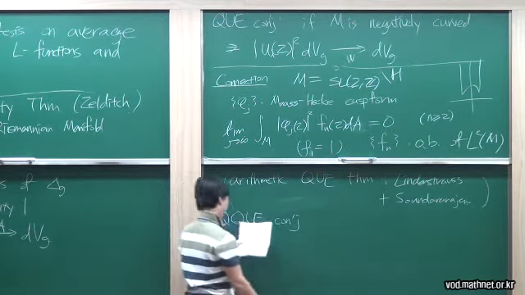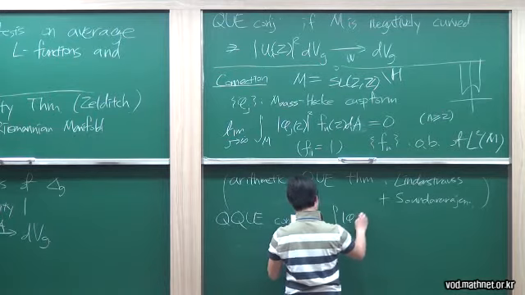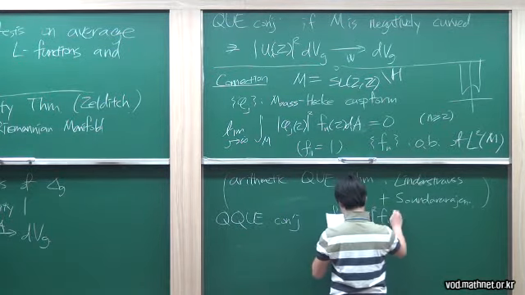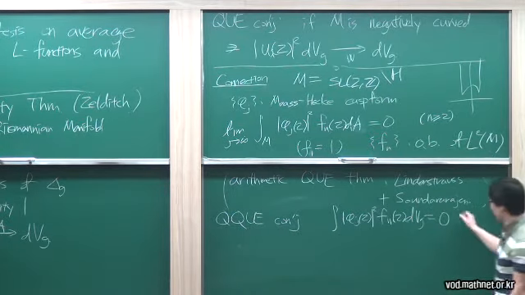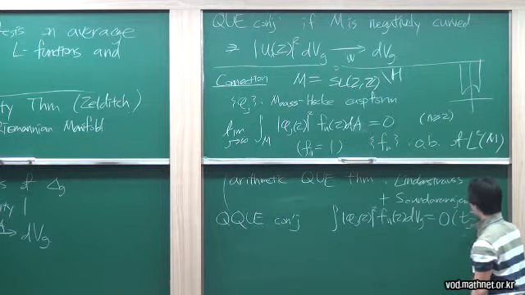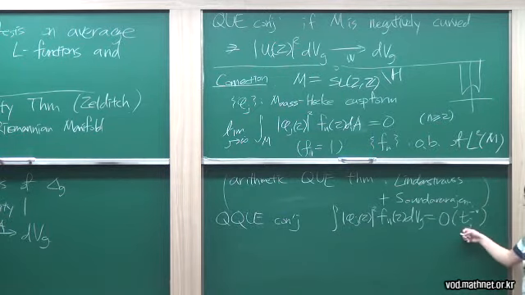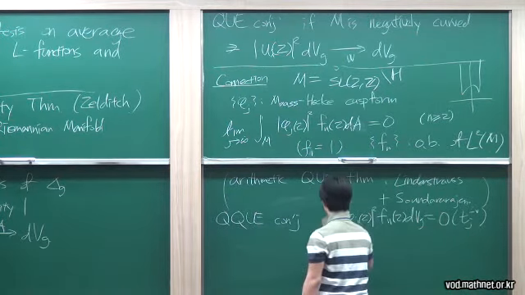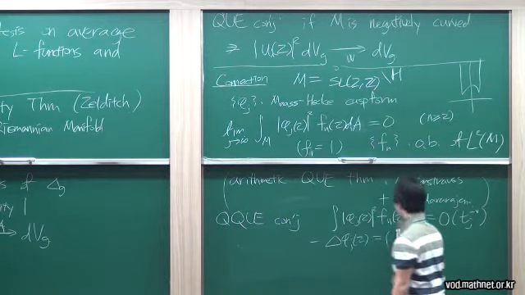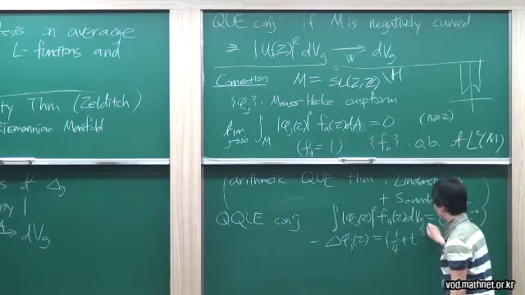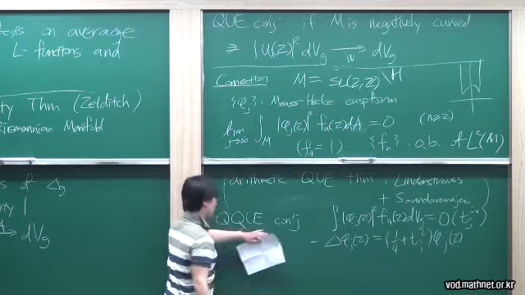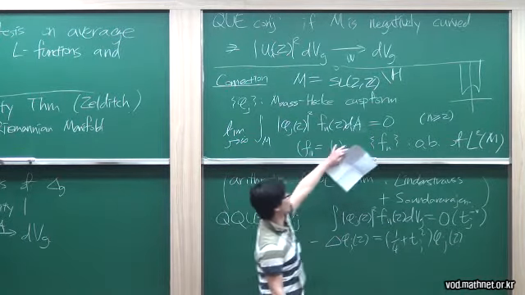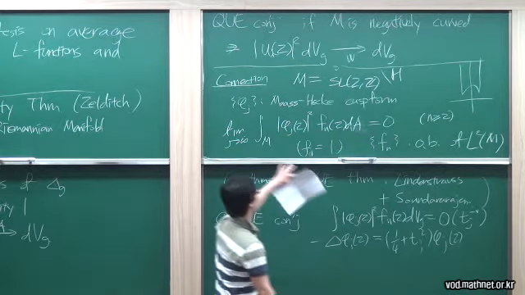So the QQUE conjecture is: there exists some positive constant nu such that this holds, where T_j is the eigenparameter for V_j, as in the Laplacian eigenvalue of V_j is given by 1/4 plus T_j squared.